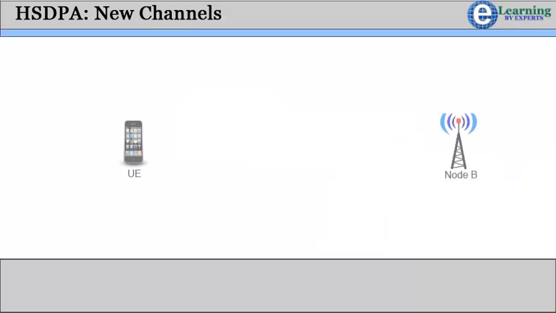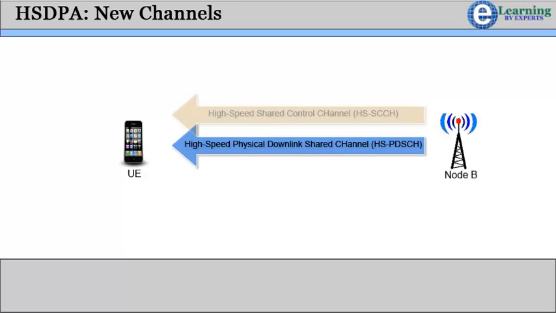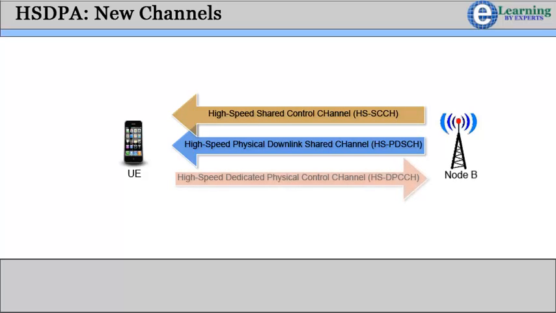In Release 5, HSDPA introduces a new transport layer channel, high-speed downlink shared channel, HSDSCH. It is implemented by introducing 3 new physical layer channels, HSPDSCH, HSSCCH and HSDPCCH.